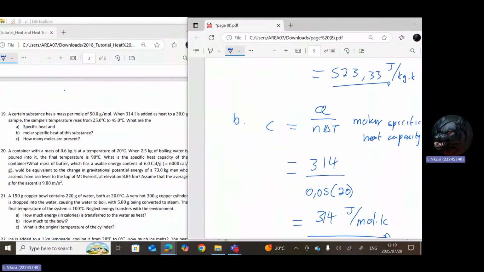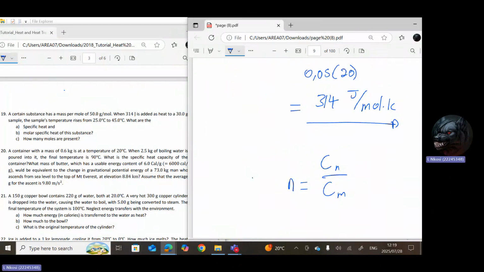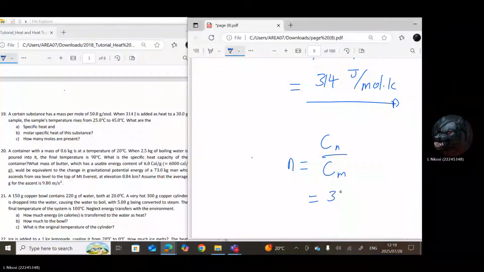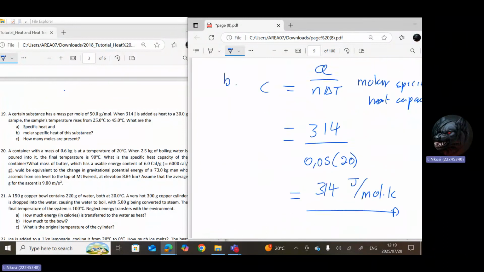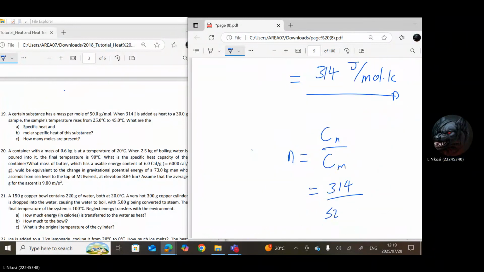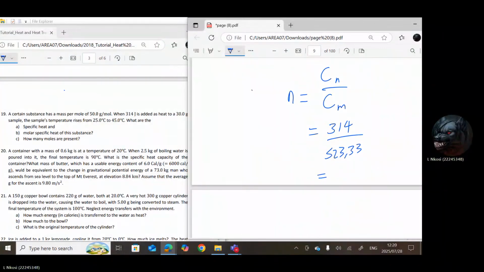So it will be 314 over 523.33. To find the number of moles, calculate 314 divided by 523.33.